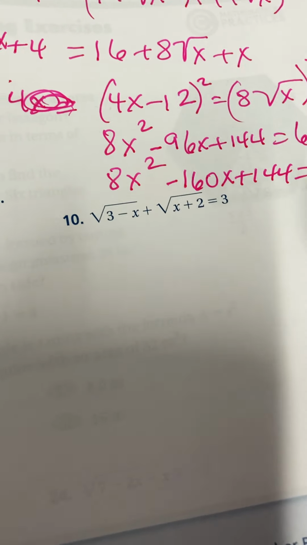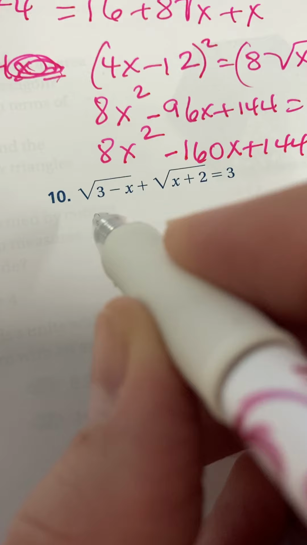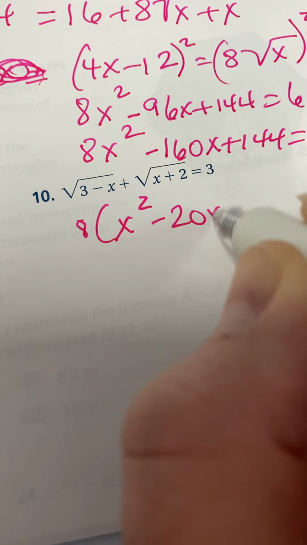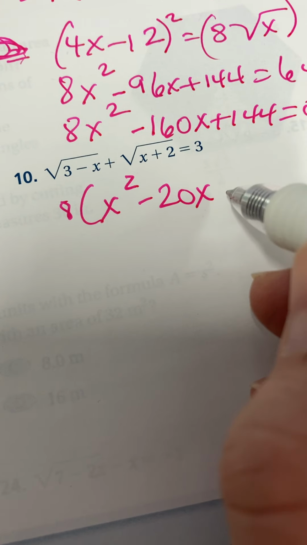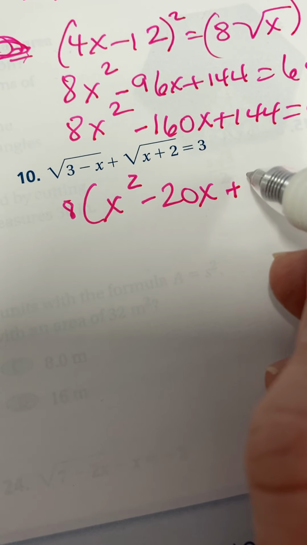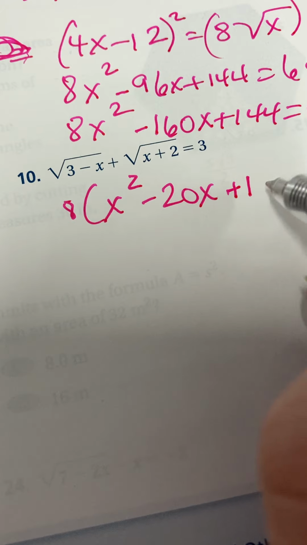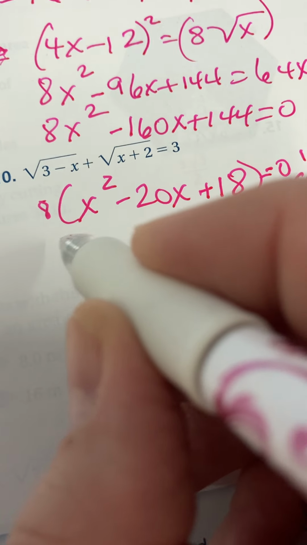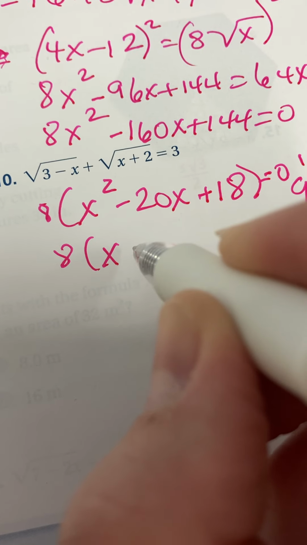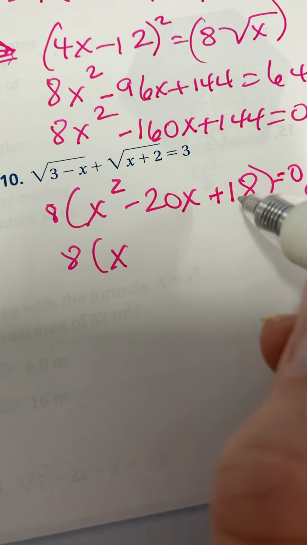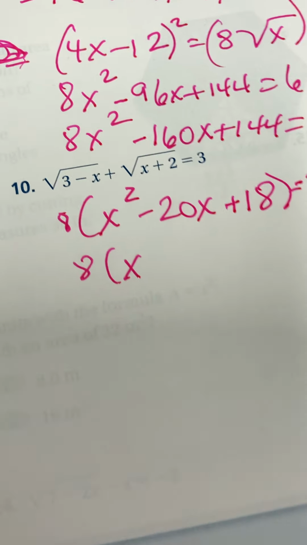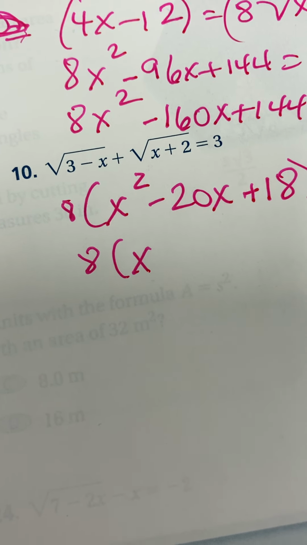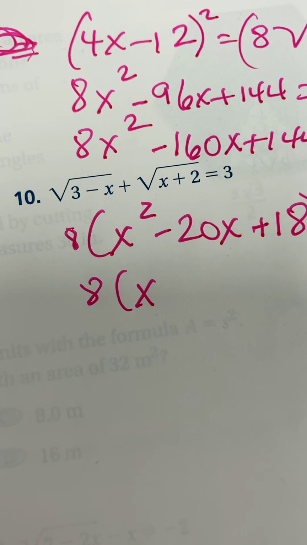I'm guessing you can pull an 8 out of all of this. So if I pull an 8 out, that goes in there. All right, so factoring this down, we have x. Let's see, does that factor? 6 and 3.